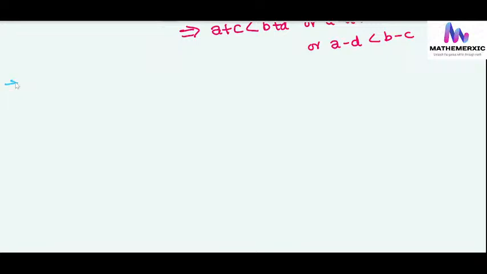Some other conclusions we can write as, if A is less than B, it implies that kA is less than kB, if k is positive.